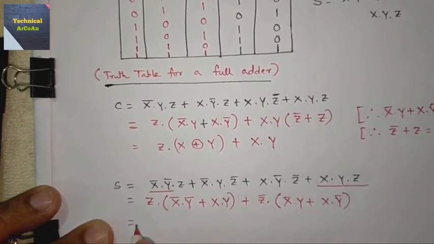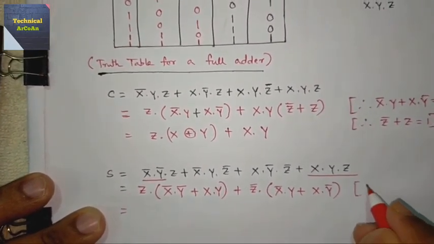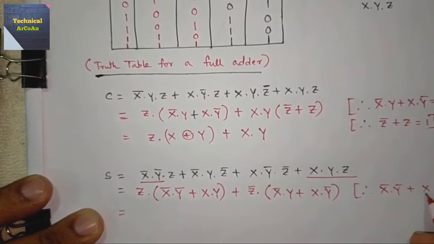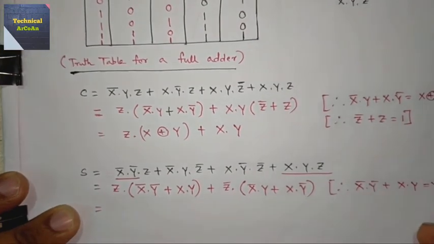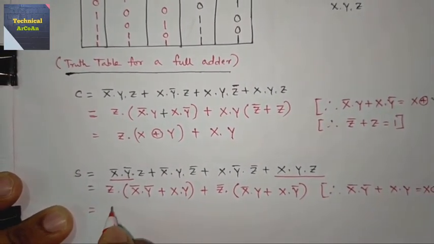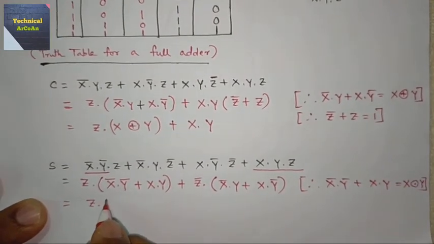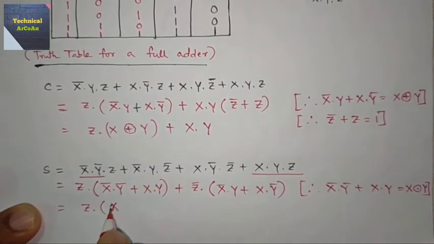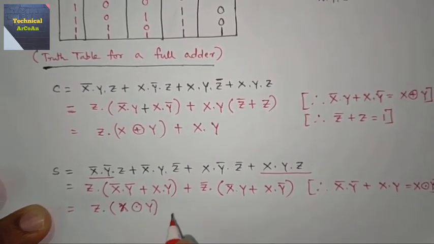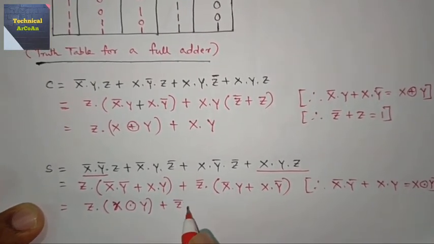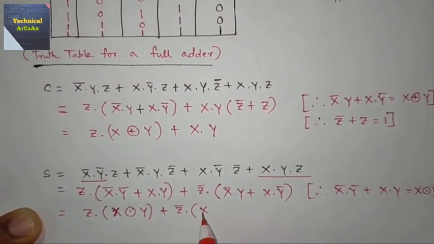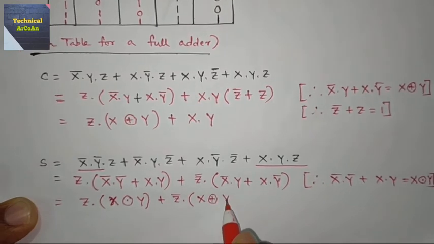In the same manner we also know that x complement dot y complement plus x dot y is your XNOR, right? So we can write here z dot (x XNOR y). And here z complement, and this is what I already told you is your XOR, so we write x XOR y.